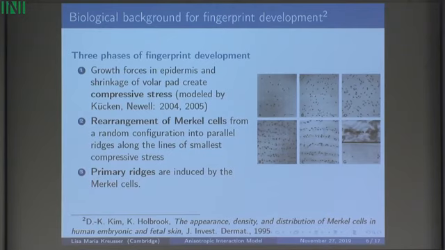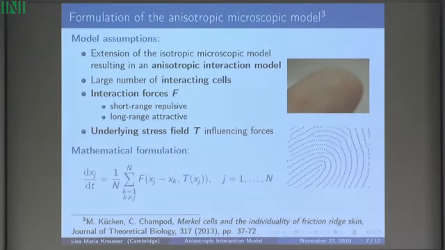And for this, we're going to consider the isotropic pattern formation approach I've described earlier, but we're going to extend it. So we are going to consider interacting cells as before, where the interaction forces are short-range repulsive, long-range attractive. But what is very crucial about the type of models we are considering is that we are considering this underlying stress field in addition.